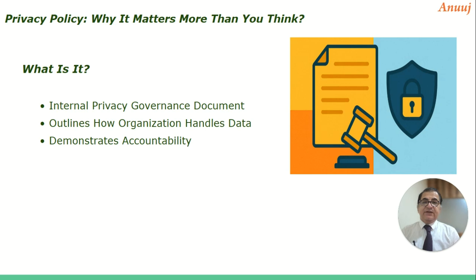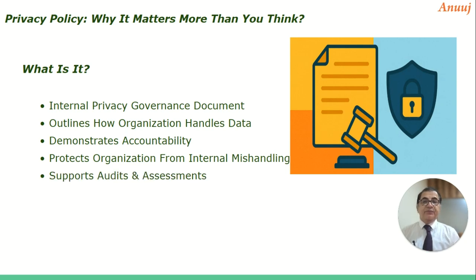It basically says that we are processing, and this is the way we are supposed to process. This is the way we are accountable to our data subjects. Helps ensure that our teams who are handling the data are handling it the way it has been committed. It's aligned with the privacy notice. Helps us perform audits and assessments because there also the regulators will come and ask you, do you have a privacy policy for your organization?